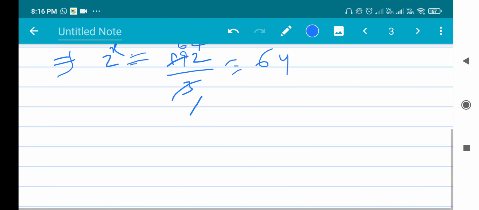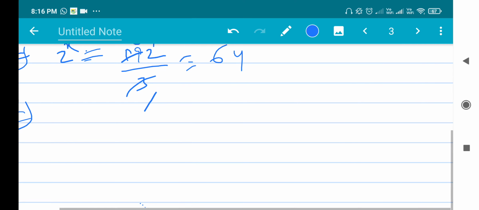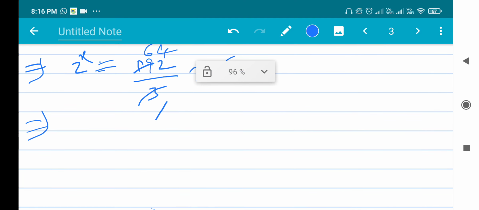So now see here, the base is 2. So we should convert the 64 in terms of 2. In terms of 2 means there should be base 2.